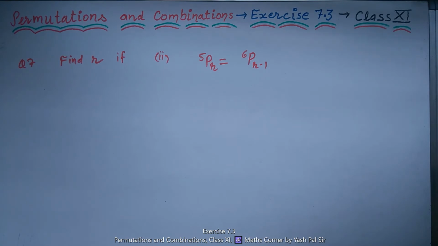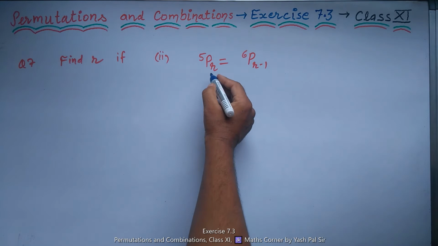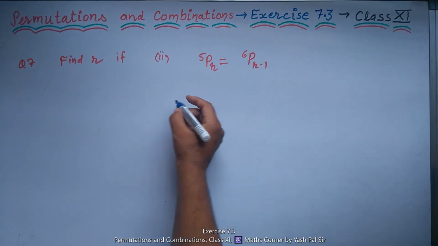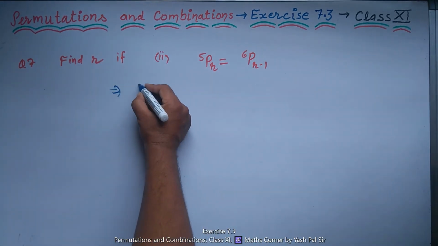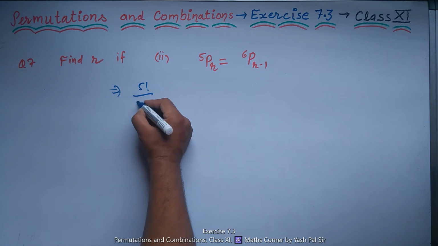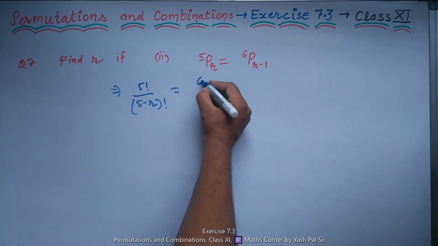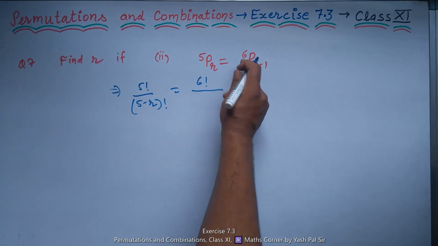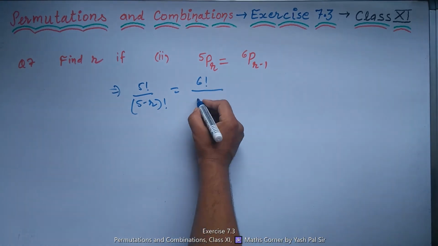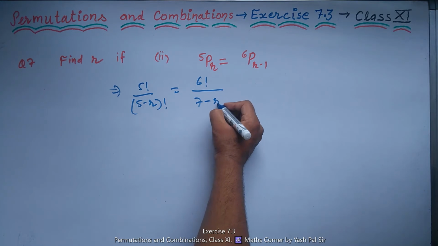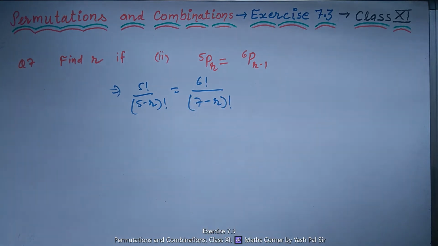Second part of question number 7 is find r if 5Pr is equal to 6P(r minus 1). So we have 5! divided by (5 minus r)! is equal to 6! divided by (6 minus r plus 1)!, that becomes (7 minus r)!.